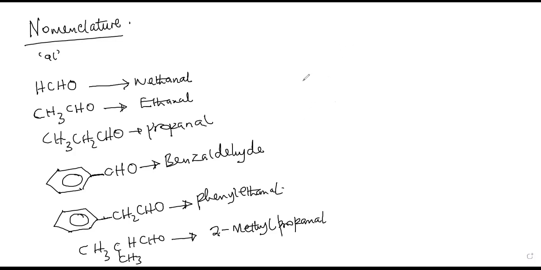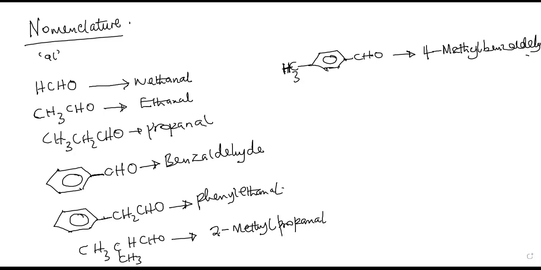Then in a case where you have this compound, we shall name it as follows: 1, 2, 3, 4, because the carbonyl carbon is counted as carbon number 1. So we shall have 4-methylbenzaldehyde.